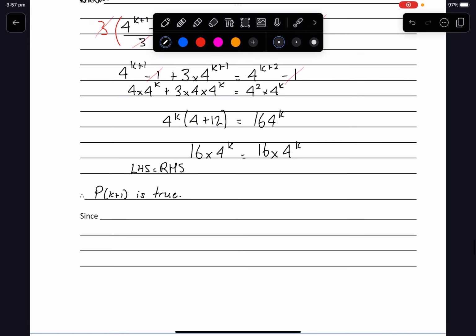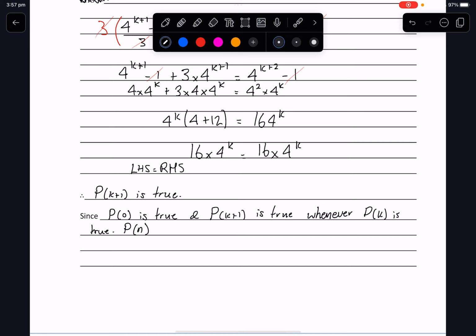And then we write our final statement. So since P of 0 is true, and P of k plus 1 is true whenever P of k is true, okay, so we use P of k to prove P of k plus 1.